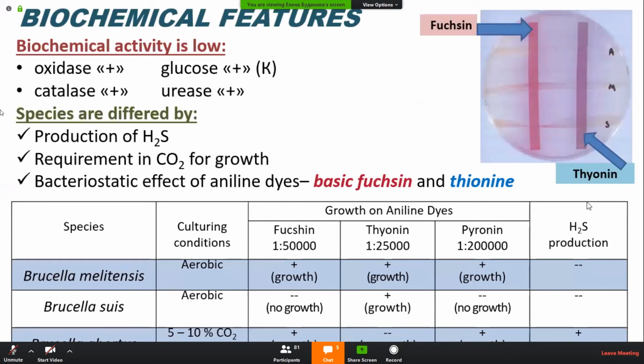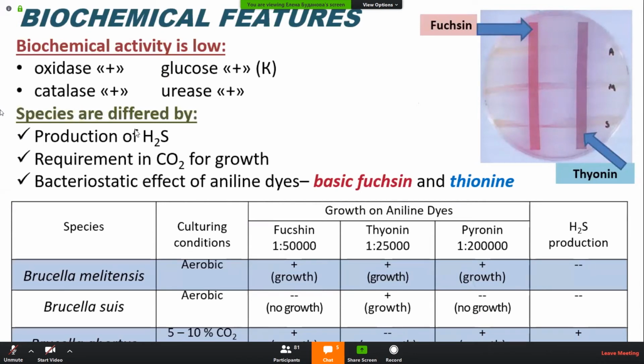It releases hydrogen sulfide as a result of proteolysis. In biochemical tests, I need to mention oxidase activity, catalase activity, ability to utilize glucose with acid formation. And they possess urease activity.